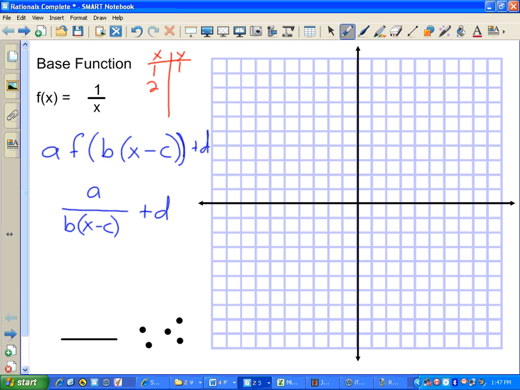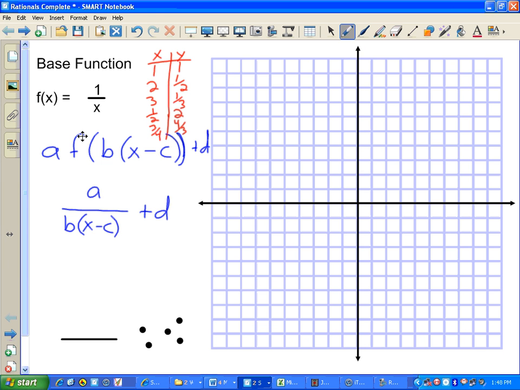If I put in 2, 1 over 2 is 1/2. If I put in 3, I'd get 1/3. If I put in a fraction, like 1/2, 1 over 1/2 is 2. It's the reciprocal. So whatever our x value is, our y is just the reciprocal of that number. So even if I put in something like 3/4, my y would be 4/3. It's the reciprocal.